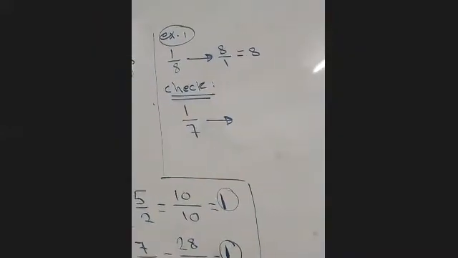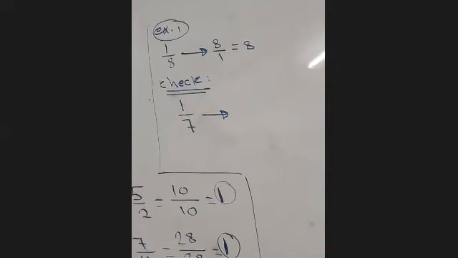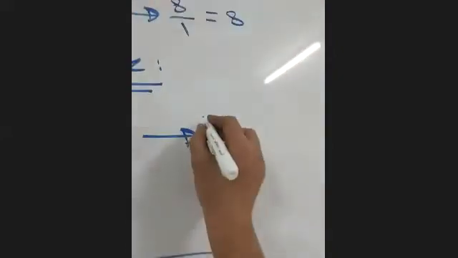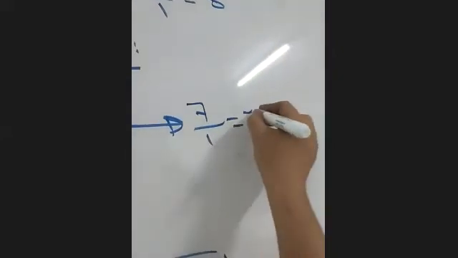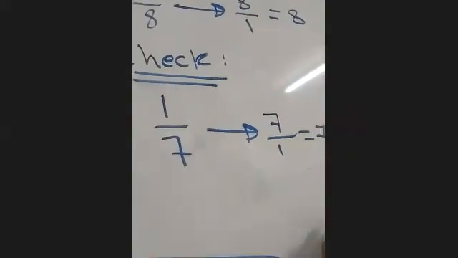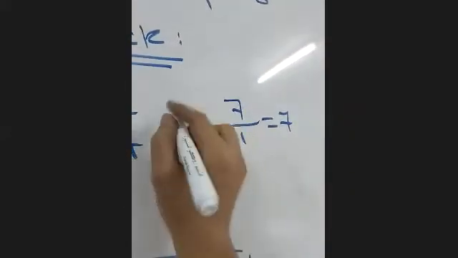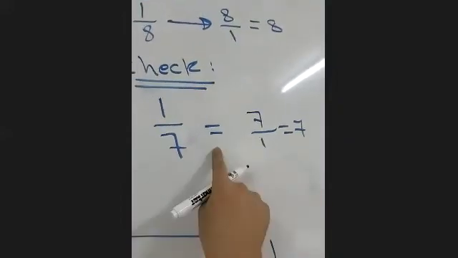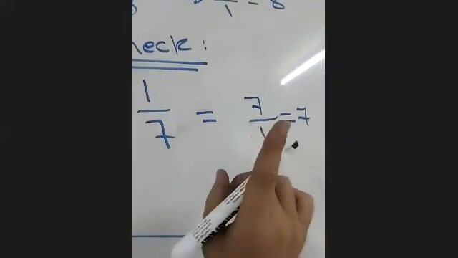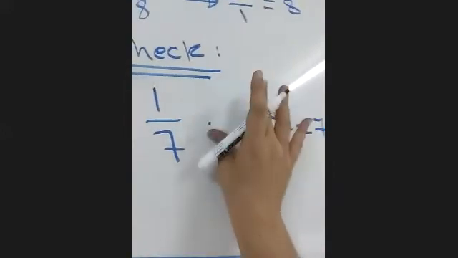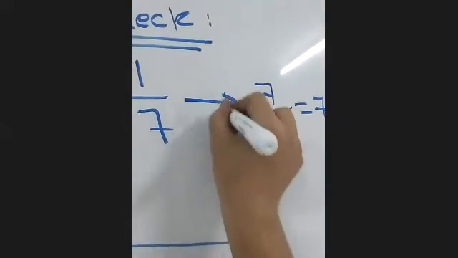What is the reciprocal of 1 over 7, ya Ahmed? 7, which is 7 over 1, and 7 over 1 is what? 7. Guys, here, do not put equal, it's wrong. They are not equal to each other. Just put an arrow, like this one.